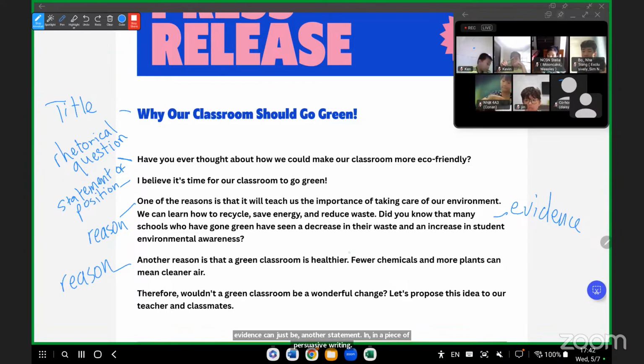So our evidence for this second argument is fewer chemicals and more plants can mean cleaner air. So in this case, our evidence is just a very obvious statement, a statement that is very obviously true. So no chemicals in the air and more plants around is going to mean cleaner air in the classroom.